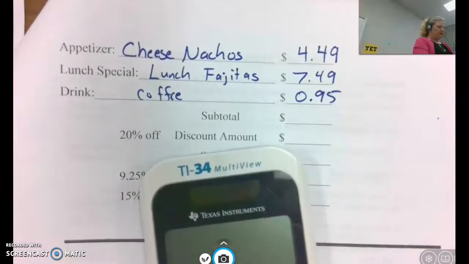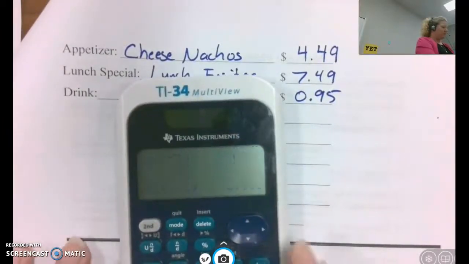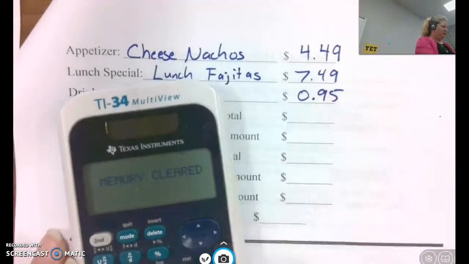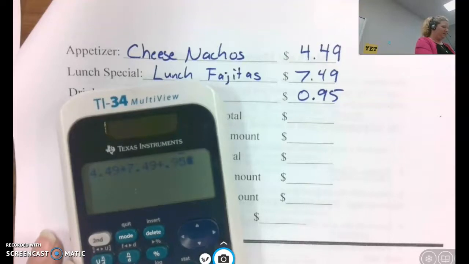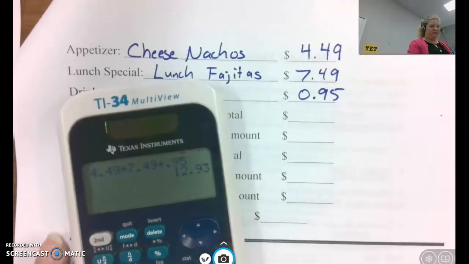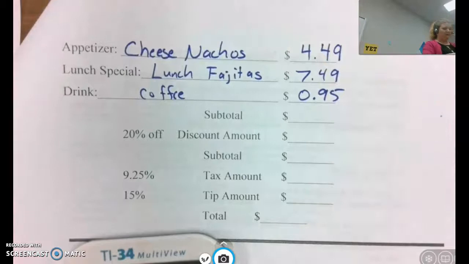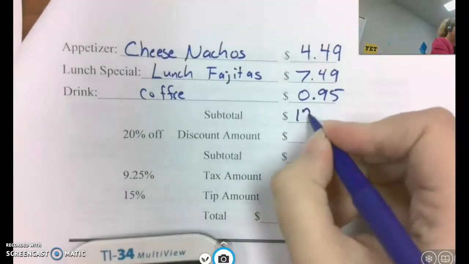The subtotal is just the cost of the items. So I'm going to do $4.49 plus $7.49 plus 95 cents, and that's $12.93. I'm going to record that.